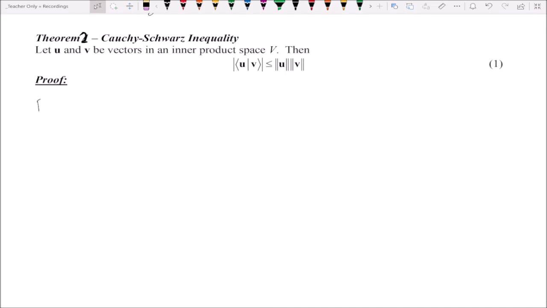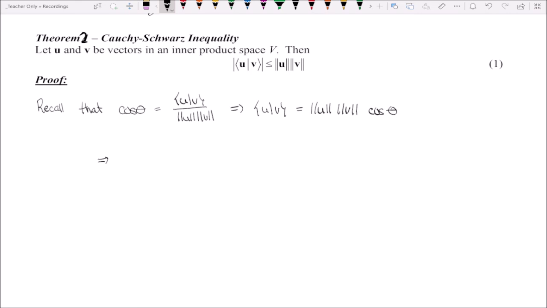Well, we recall that we have cosine of theta is the inner product of u with v over norm of u times norm of v. All right, well, this would mean, of course, that I'm going to write it this way, that the inner product of u with v is equal to norm of u times norm of v times cosine of theta.